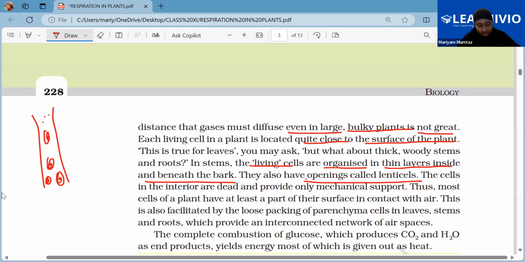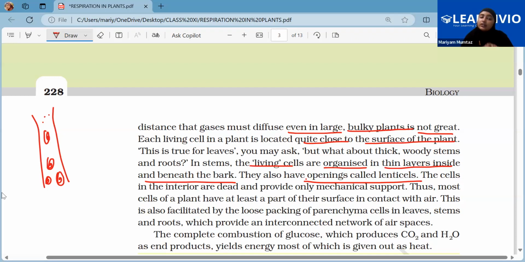Ma'am, do stems have stomata for the gaseous exchange? Hmm. The stem, if you're talking about the thin, flimsy stem, the normal plant stem, they have stomata for gaseous exchange. But we're talking about the stem, like the bark of a tree, which is very thick, right? And it's just so hard to cut.